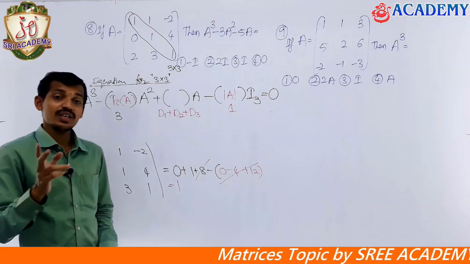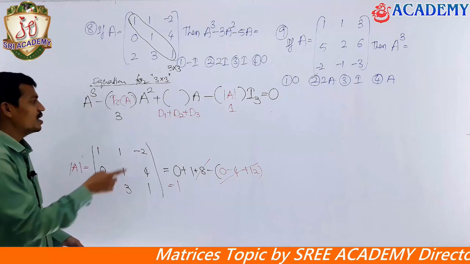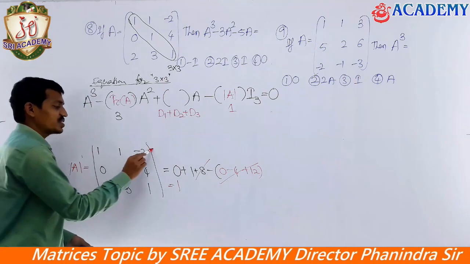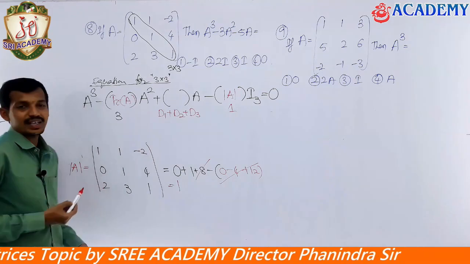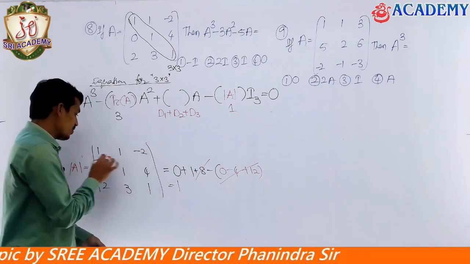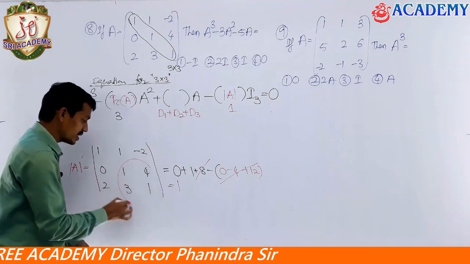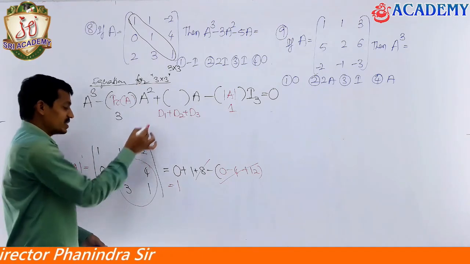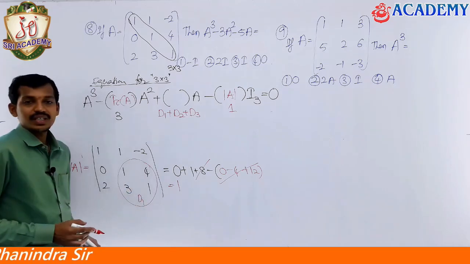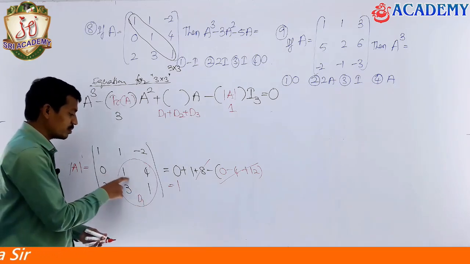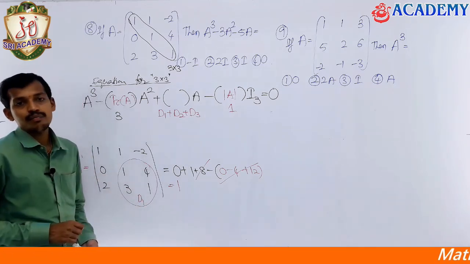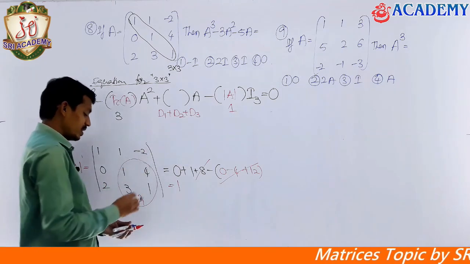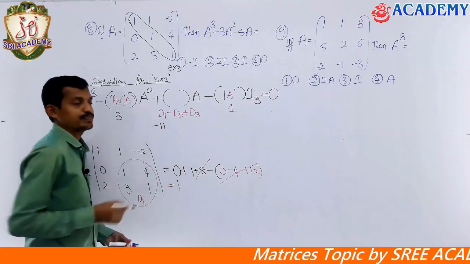The first matrix is what remains after eliminating the first row and first column: 1, 4, 3, 1. The determinant of this matrix is 1 minus 12, which is D1 equals minus 11.